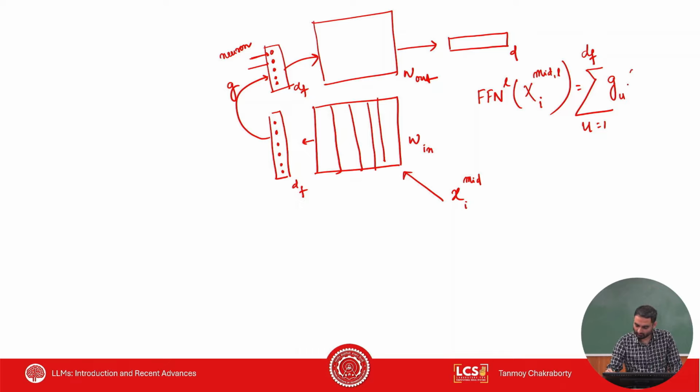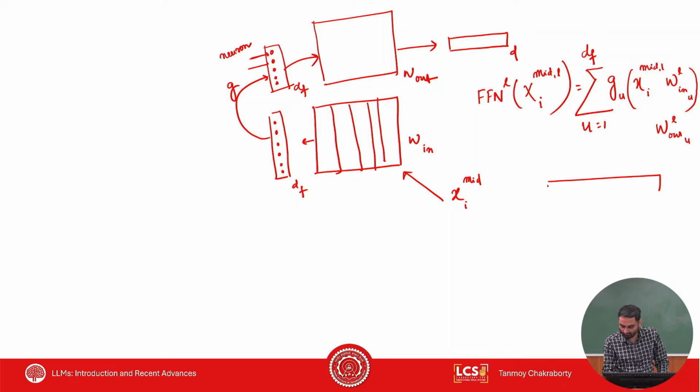G of u, xi mid L, W in is the matrix, and u is the corresponding column, right, and W out L u.